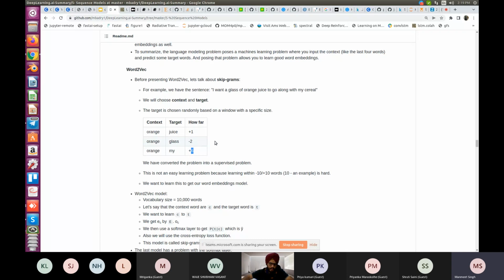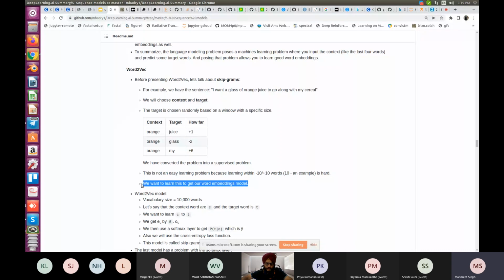Now you can see that we have converted this problem into a supervised learning problem. However, it's not easy, because learning plus or minus 10 words forward or backward is not an easy task, and we want to learn this to get our word embeddings.